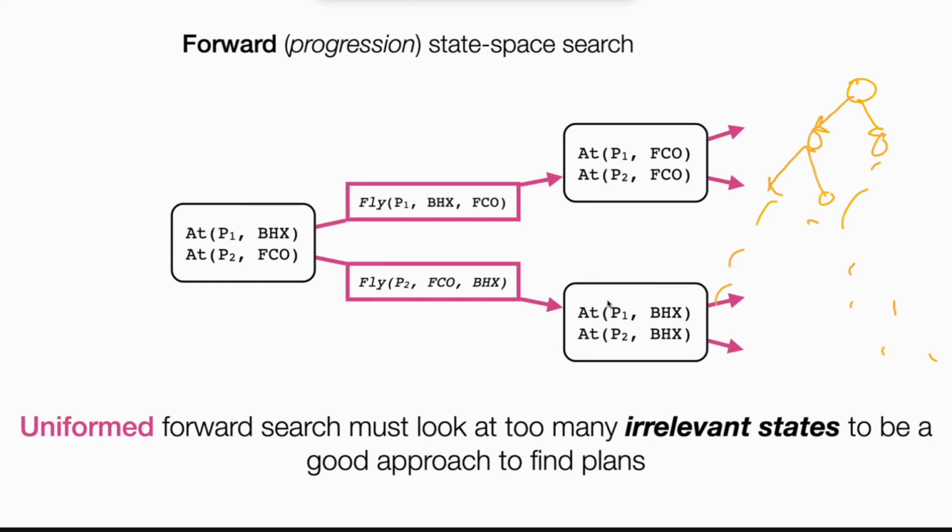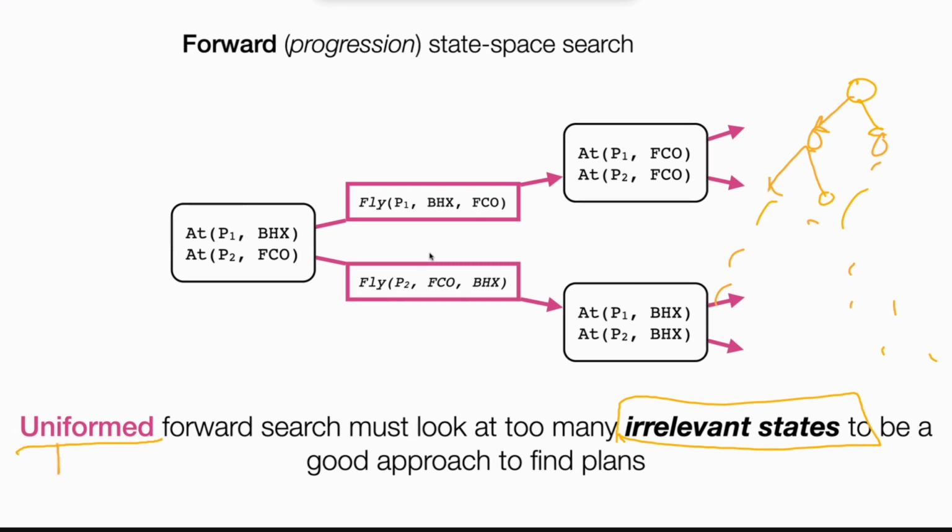The problem is, for most planning problems, there are just too many states, because there are typically lots of actions you can apply, lots of different ways of applying those actions. And so uninformed forward search, I forgot to say this earlier, so breadth first and depth first algorithms are called uninformed.